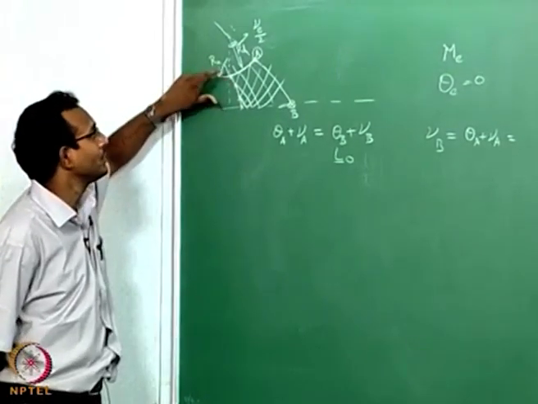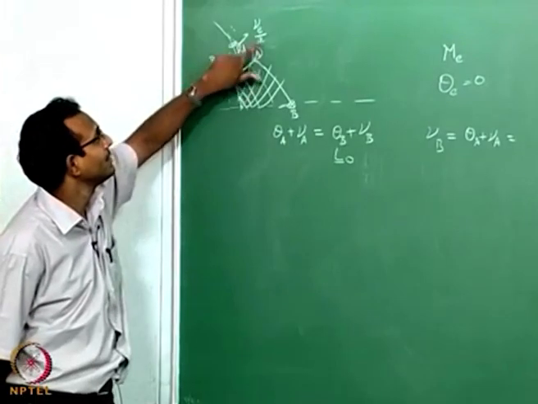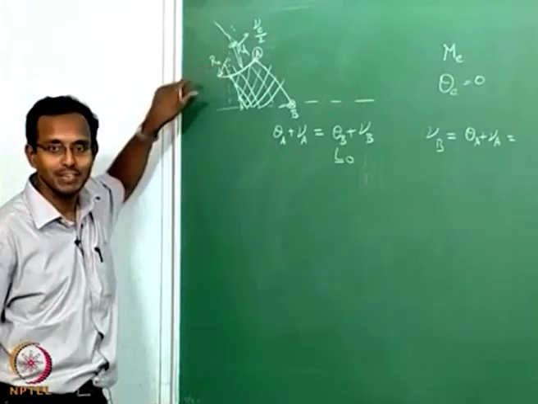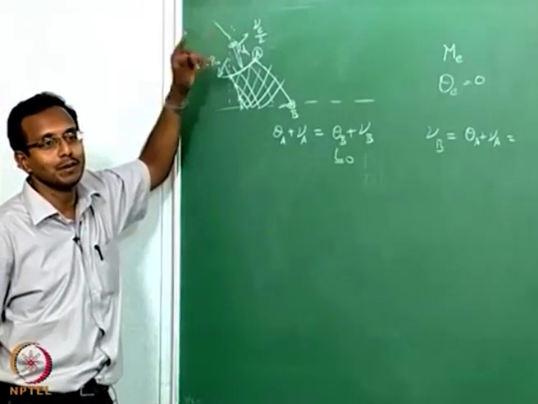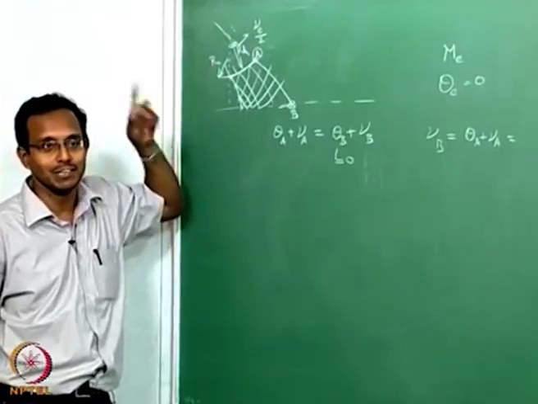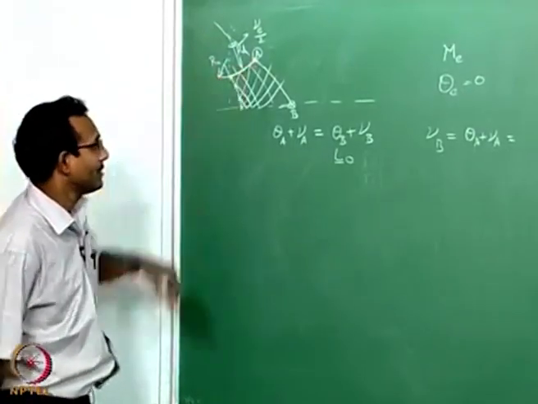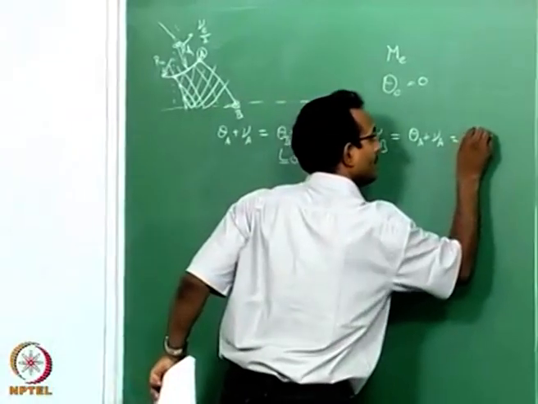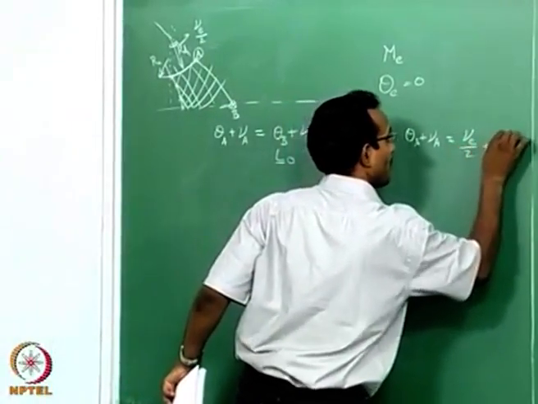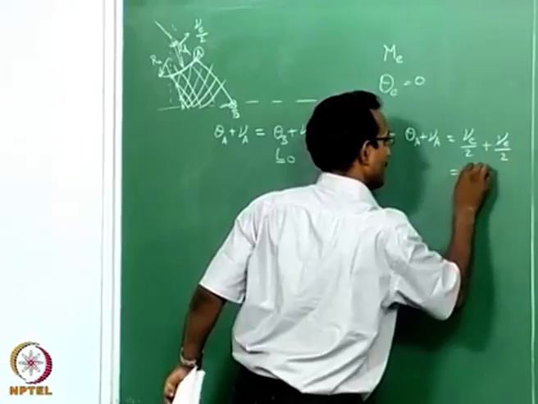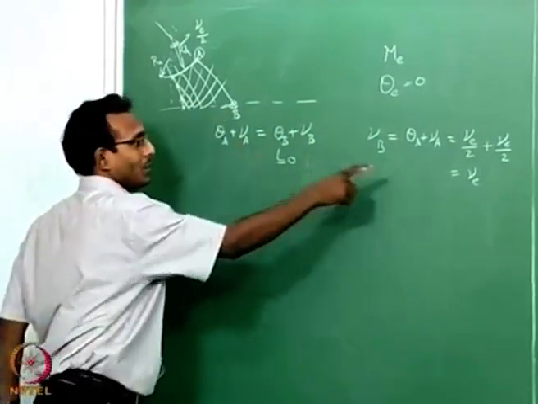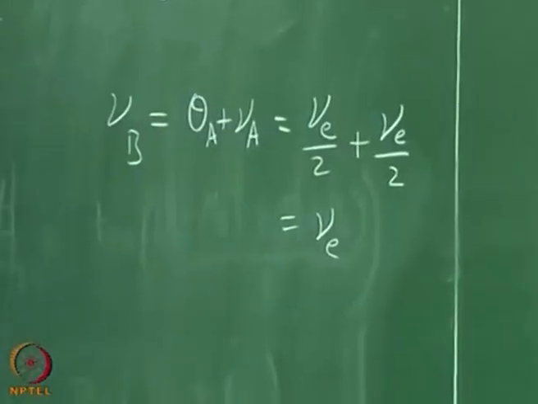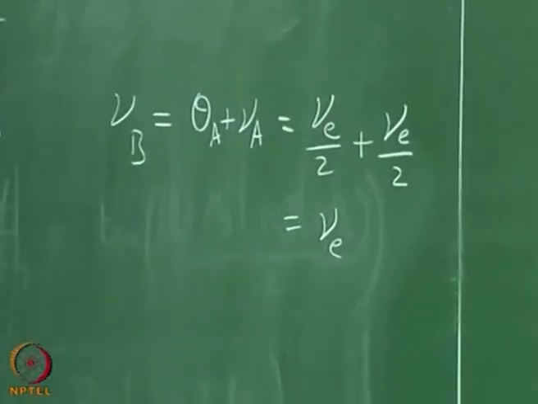I started with nu equal to 0, theta equal to 0. Finally, I went to nu equal to nu exit by 2, which means my theta will be nu exit by 2 also, because delta theta is equal to delta nu. Because of that, I will finally end up with nu exit by 2 plus nu exit by 2, which is nu exit. So, nu at B is equal to nu exit, which means at B I have already reached the Mach number which I want at the exit.